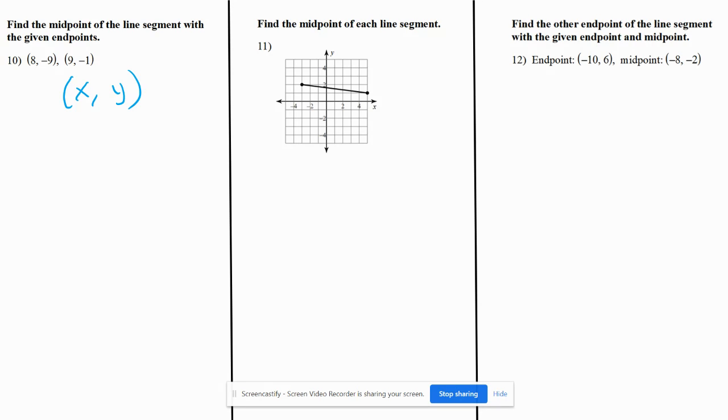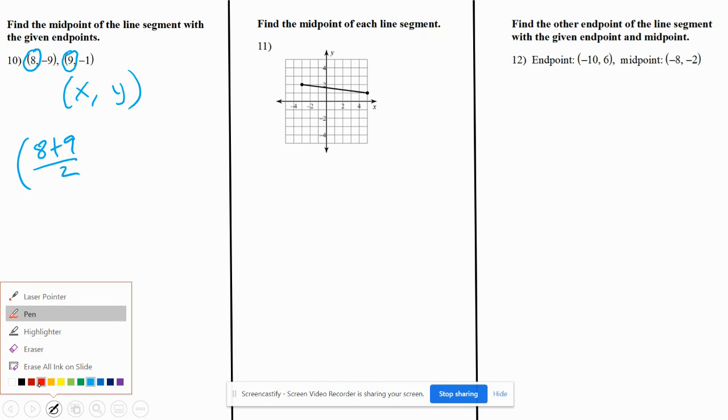For me to find the x value, I'm just looking at the x values of my coordinates. I'm just going to add those two values and divide by 2. 8 plus 9 divided by 2.